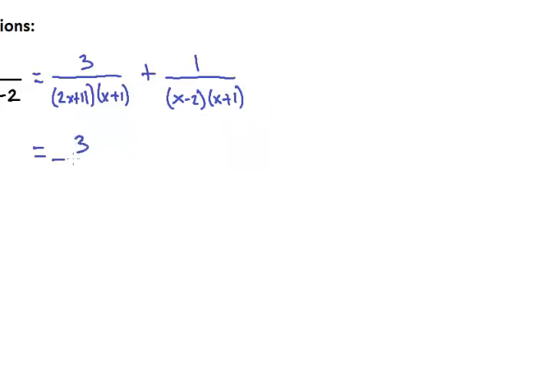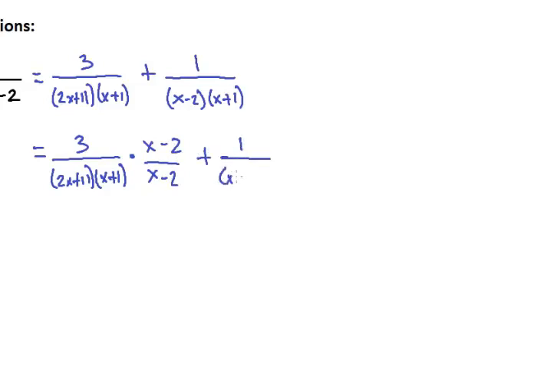So first fraction, I'm going to copy it, 2x plus 11 times x plus 1, and I'm going to multiply that with x minus 2, because that's the part of the denominator that is missing in that fraction. In the other fraction, I'm going to multiply these things with 2x plus 11, because that's the part that is missing.